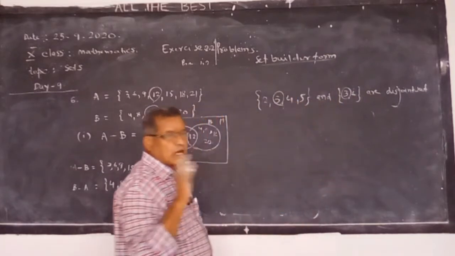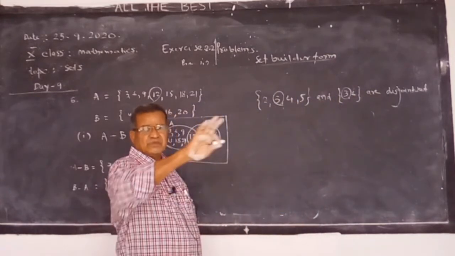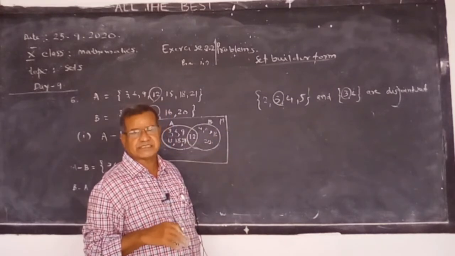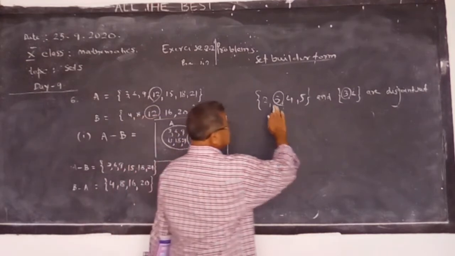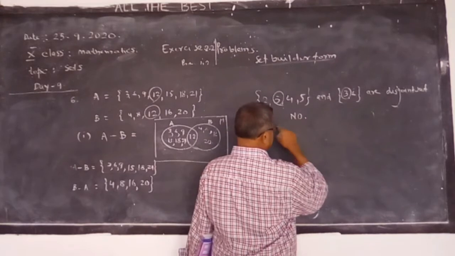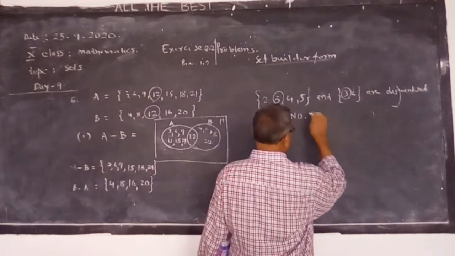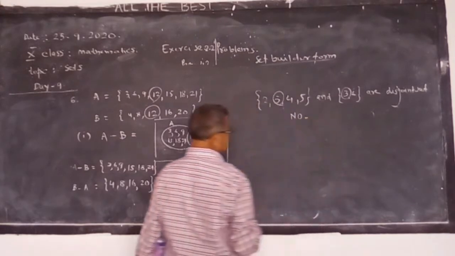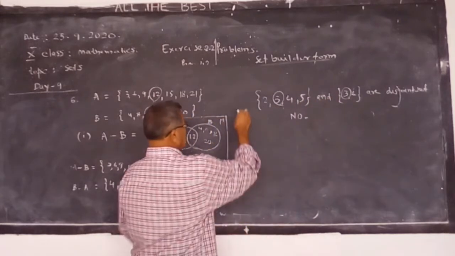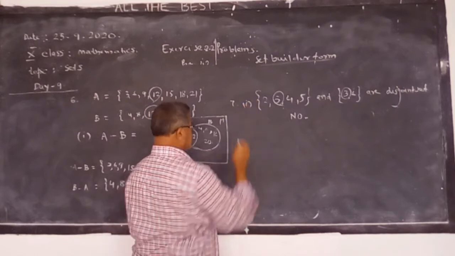If there are no common elements, we say disjoint sets. But there is one common element, so the answer is no. They are not disjoint. 3 is the common element. Second question.